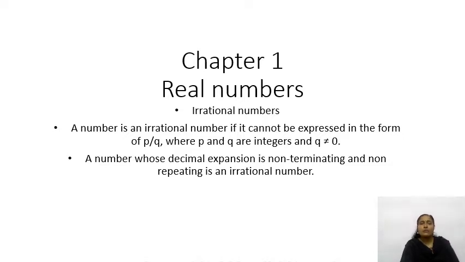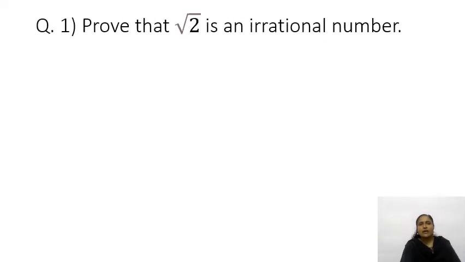Now we can check how to prove the numbers are irrational. So the first question is: prove that root 2 is an irrational number. To prove this type of question, we use the contradiction method. So we will suppose that root 2 is rational.